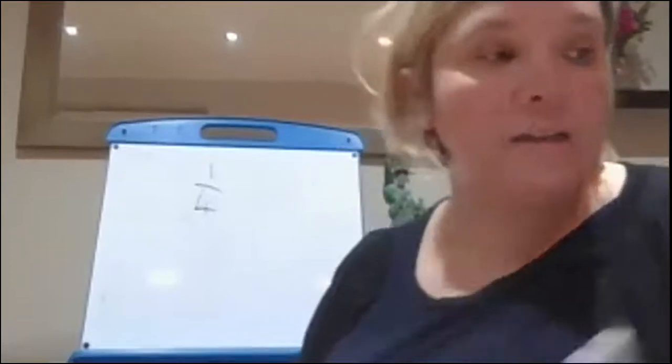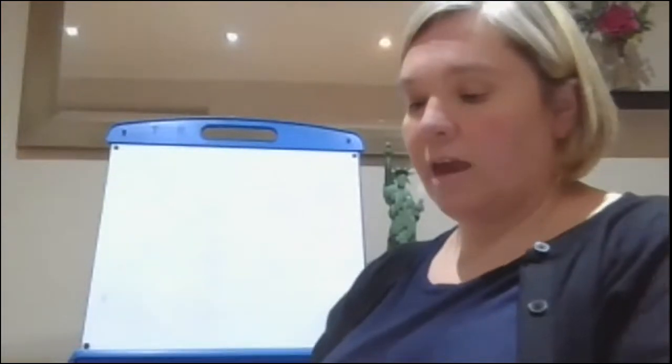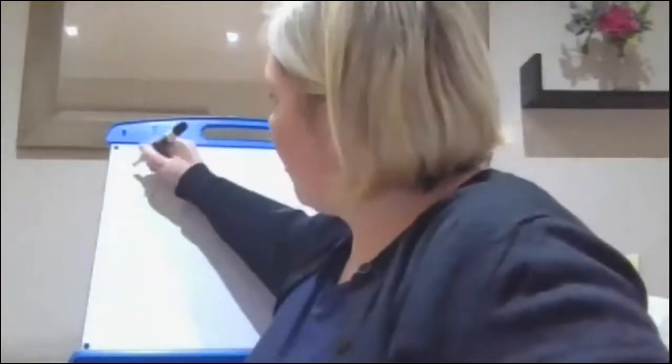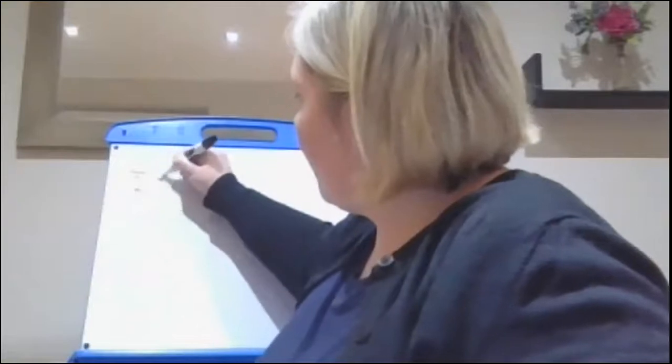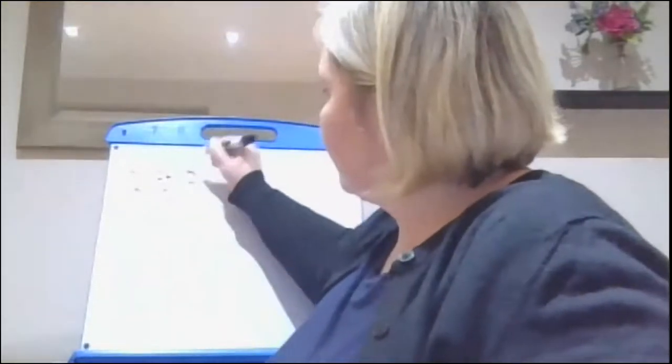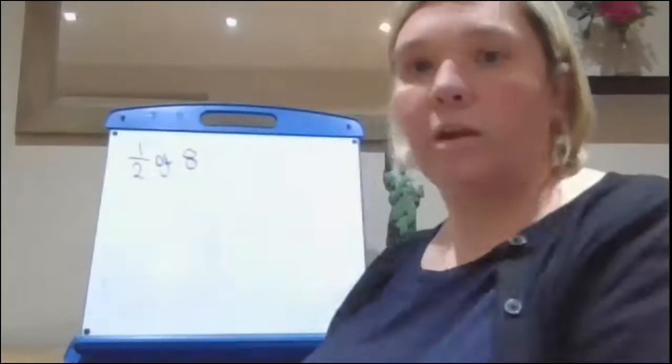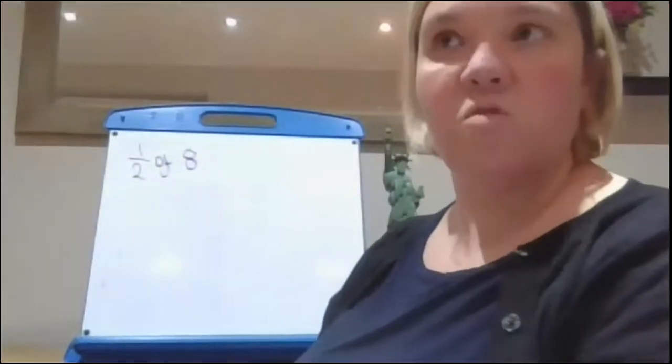Okay, so hopefully you've had time and you've paused your video and had a go at those. So the first one was 1/2 of 8. Okay, so how many groups are we going to split our numbers into?